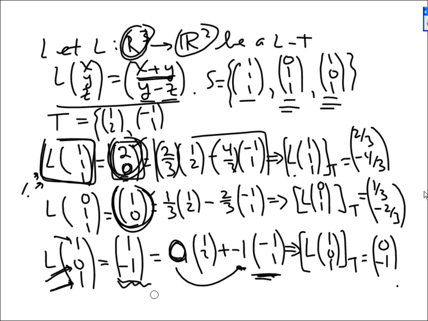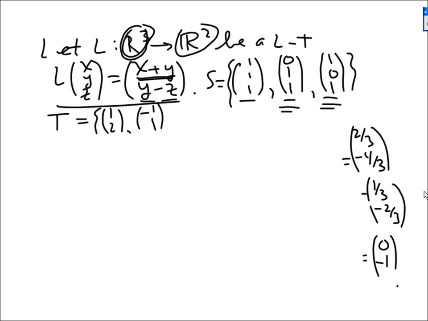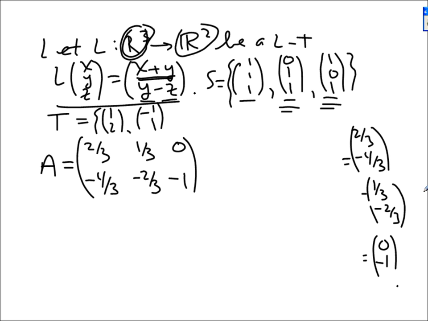So now I am in a very, very good position to write down the matrix A. Those vectors that remain on the right side of the board, those will be the columns of A. The matrix A will be 2 thirds, negative 4 thirds, 1 third, negative 2 thirds, and 0, negative 1.